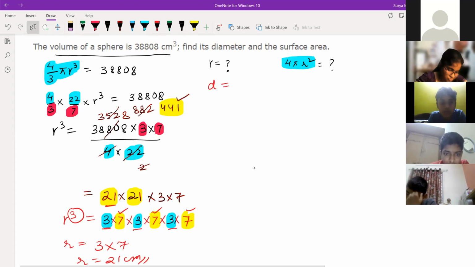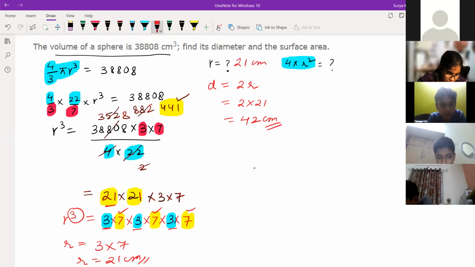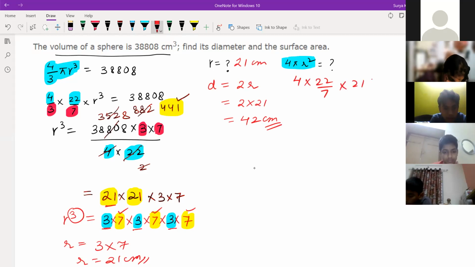So diameter is nothing but 2 times the radius. So 2 into 21, that is what? 42 centimeter is the radius. Sorry, 42 centimeter is the diameter. Radius is 21 centimeter. Now put the value of radius. So 4 into 22 by 7 into 21 into 21. 7 3s are 21.